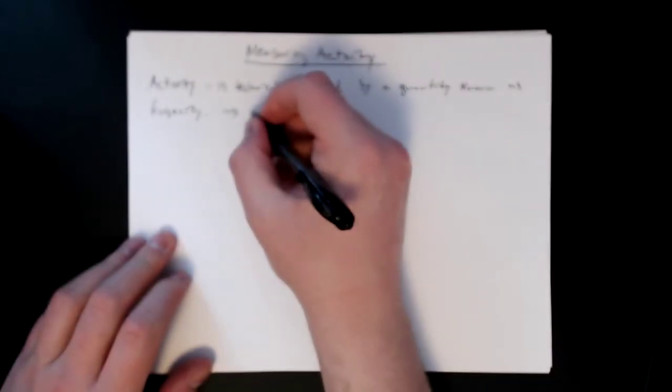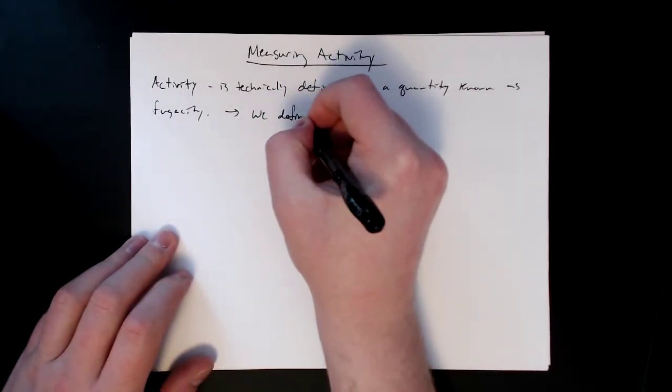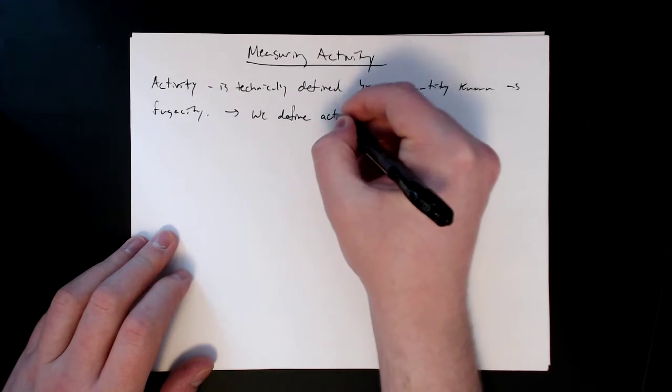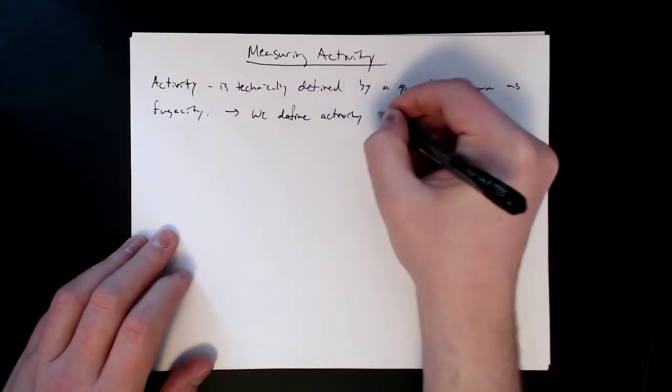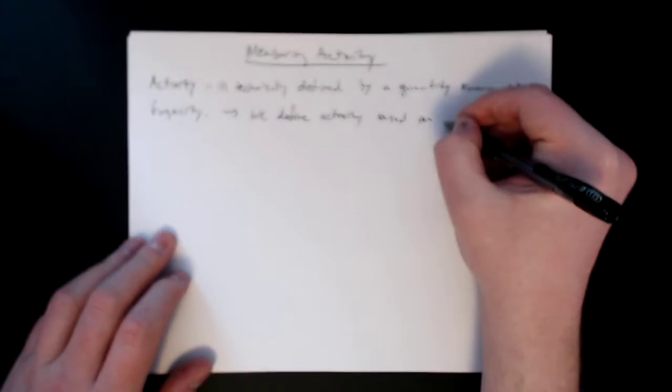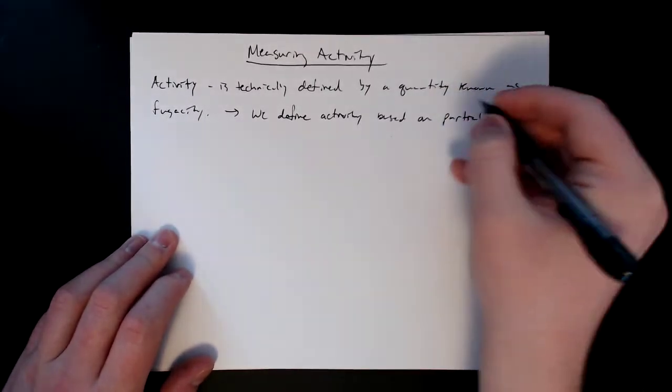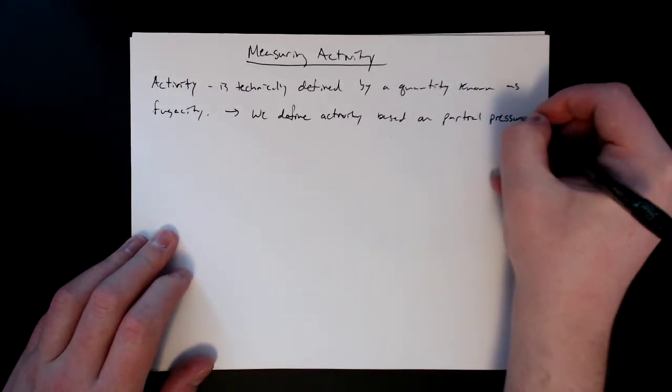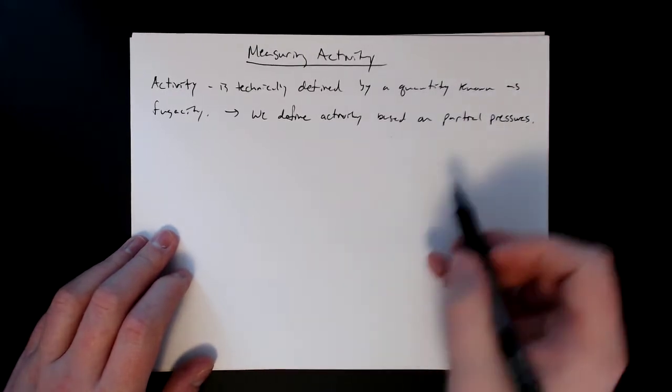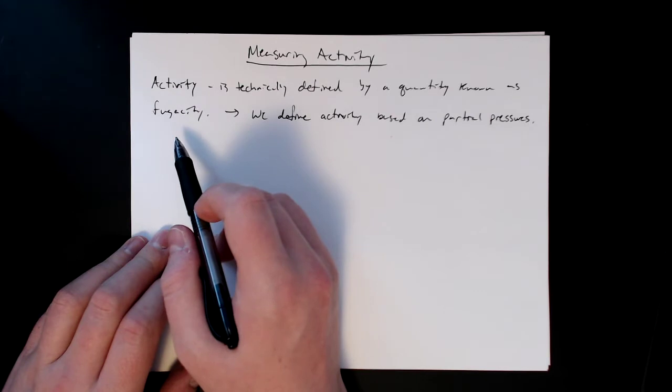we define activity based on what we call partial pressures, because this is a little bit easier to grasp as opposed to fugacity, unless we have some more time.